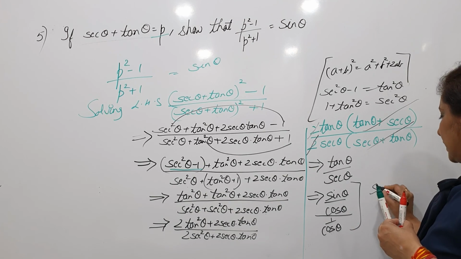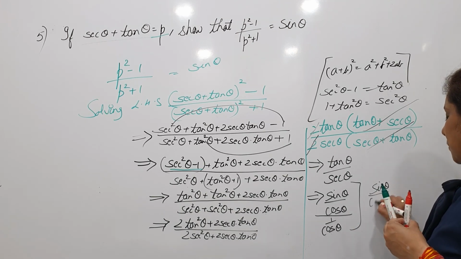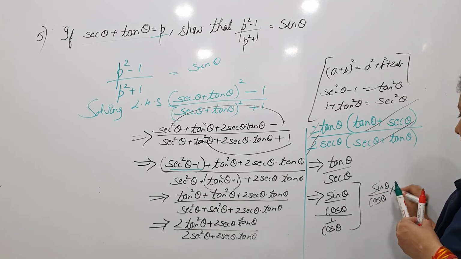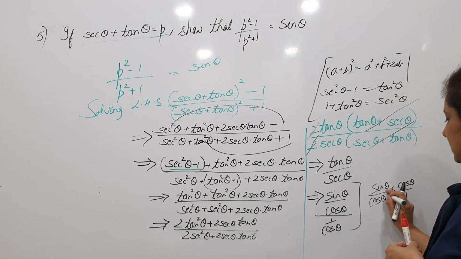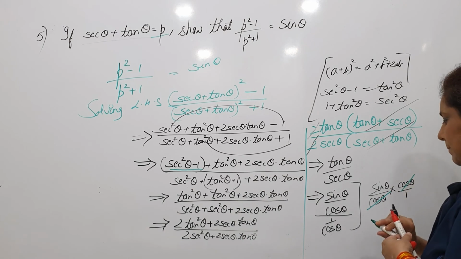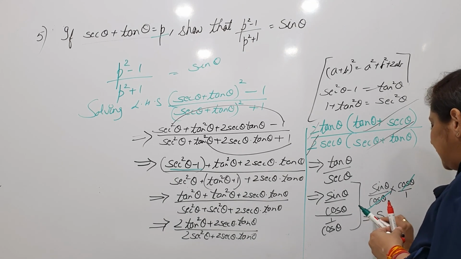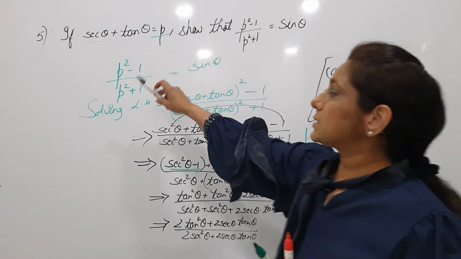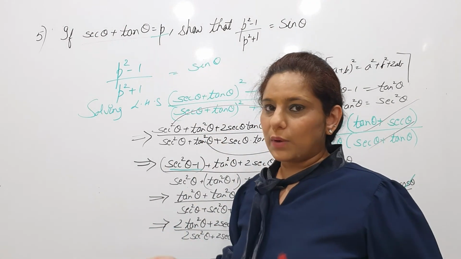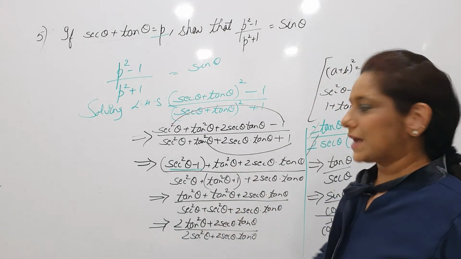We will solve it as sin theta upon cos theta multiplied by cos theta upon 1. यहाँ पर cos theta फिर कैंसिल हो गया. And we have finally got our answer sin theta, which was p square minus 1 upon p square plus 1 is equal to sin theta.